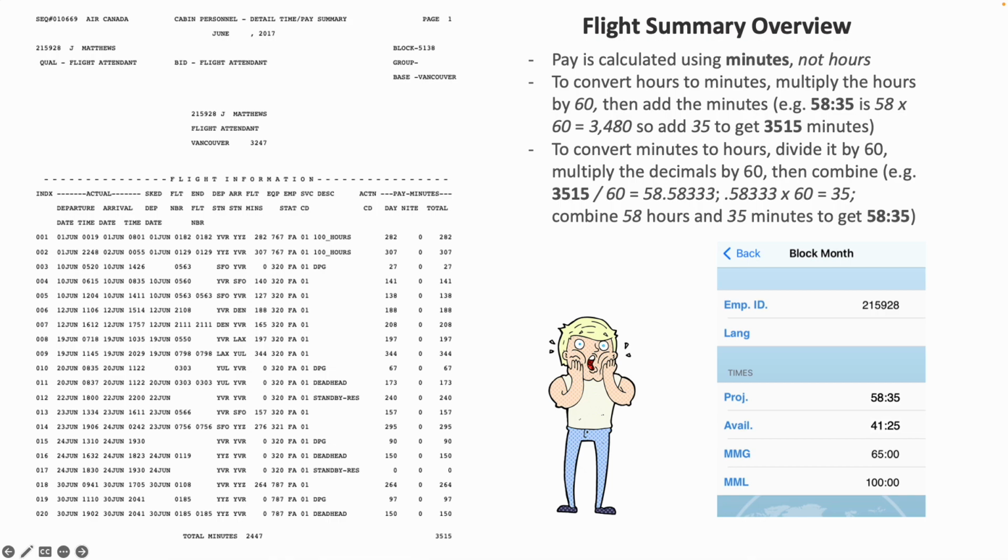This provides a breakdown of the various activities, mostly flying activities, that determine how you are paid for any particular month. To best understand this document, we're going to walk through the different sections of it so that you can become very familiar with reading it and decoding it when you are checking your own pay. So let's get started.